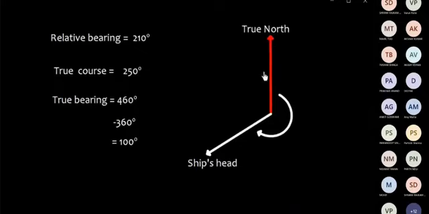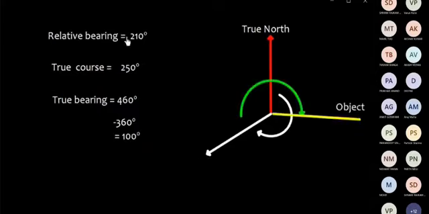Let me explain from this diagram. Well, this is the ship's head. So the true course is 250 degrees. That is this angle, from true north to the ship's head, that is 250 degrees. Now the relative bearing is 210 degrees. That means this angle is 210 degrees.